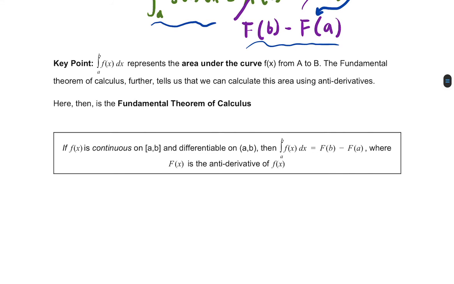Everything I've done so far, maybe you didn't follow exactly every portion of it, but the ideas are there. This is the part that you actually need to have memorized. If f of x is a continuous and differentiable function, so it's a normal smooth function, no weird jumps, this part right here is one of the single most important.